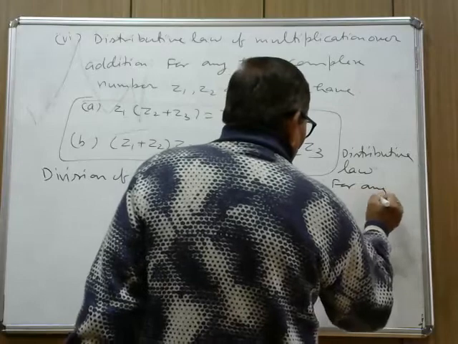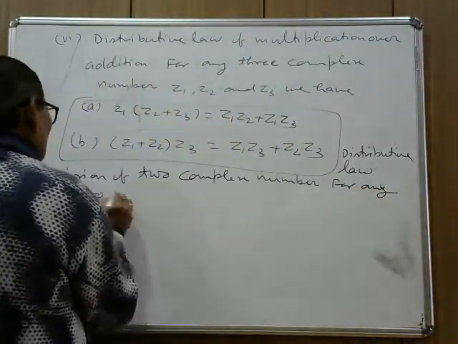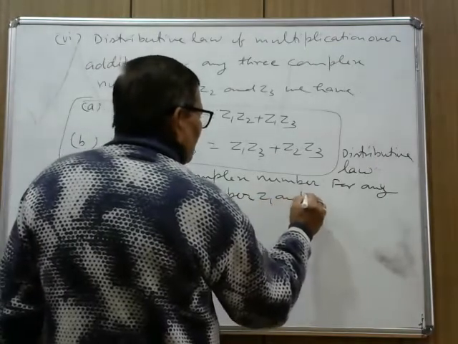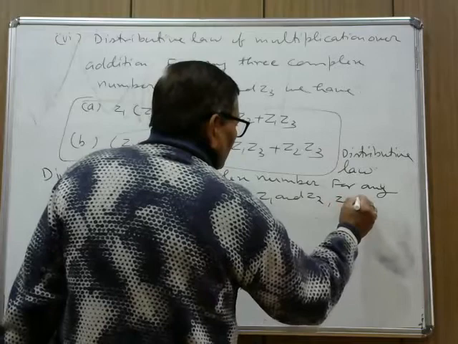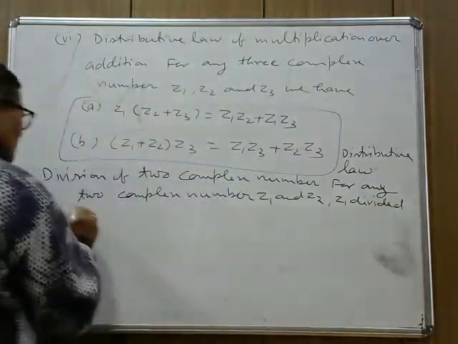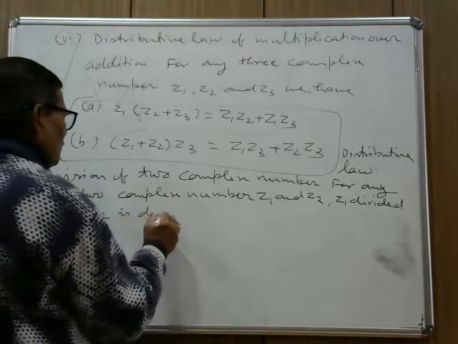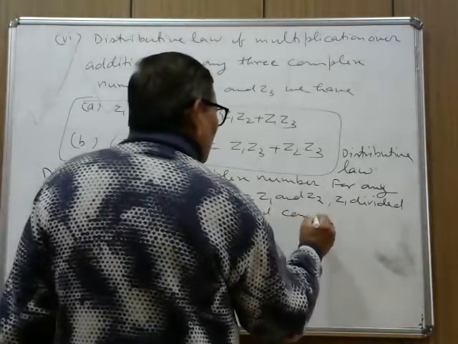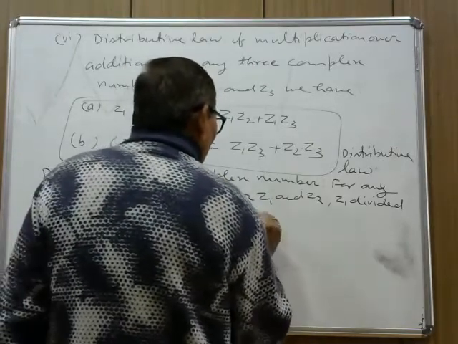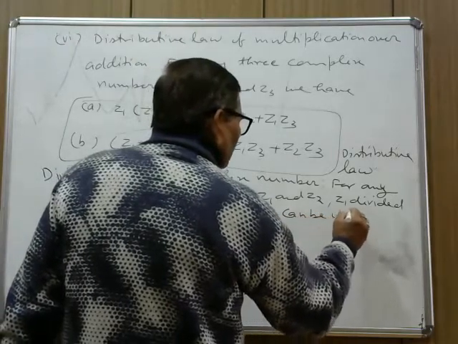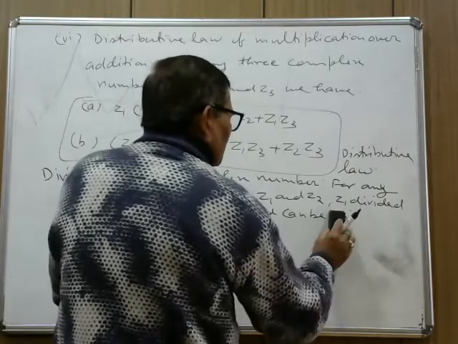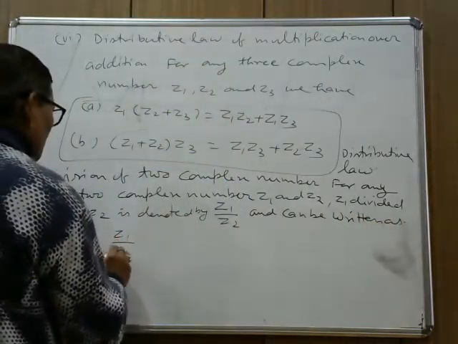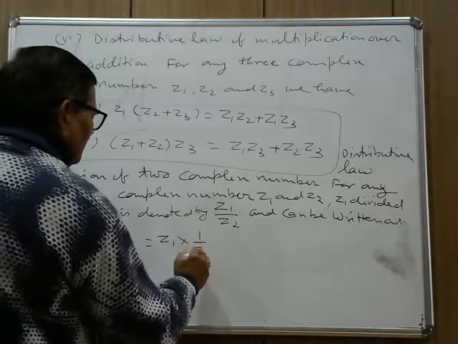For any two complex numbers Z1 and Z2, Z1 divided by Z2 is denoted by Z1 upon Z2 and can be written as Z1 upon Z2 equal to Z1 multiplied by 1 by Z2.